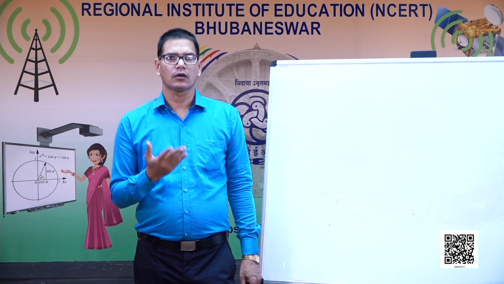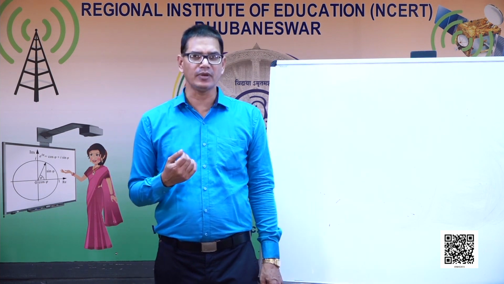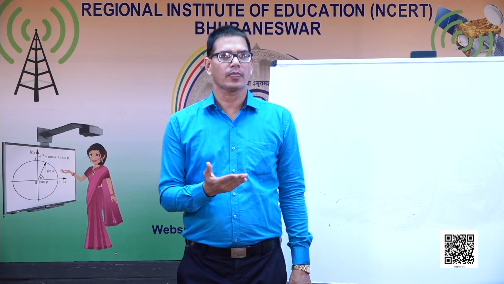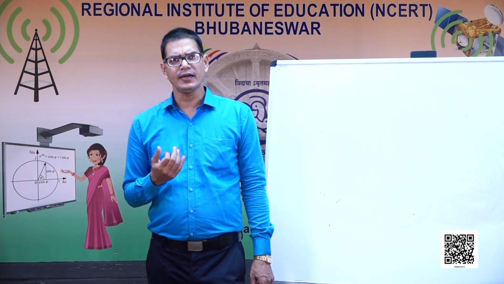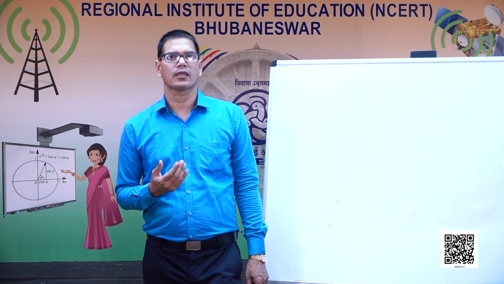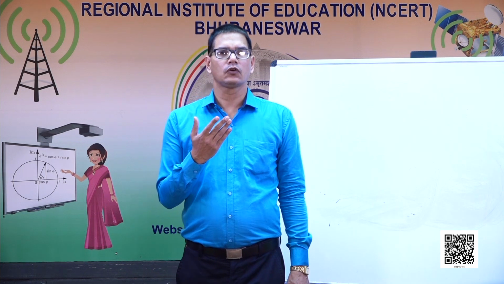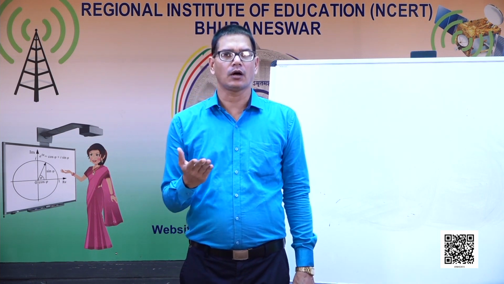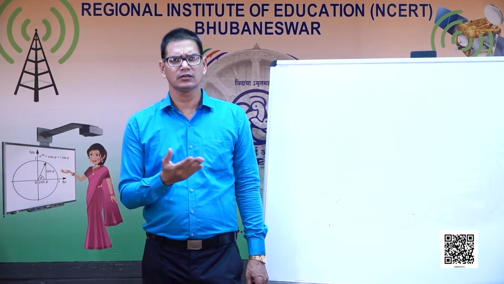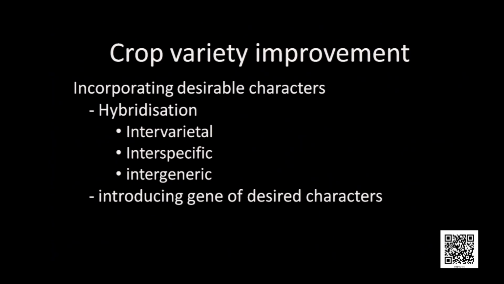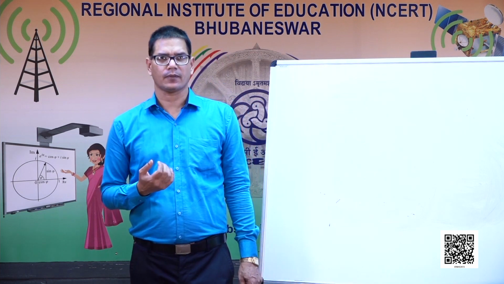This crossing may be intervarietal, that means crossing between different varieties of the same species, or it may be interspecific, that means crossing between two different species of the same genera, or it may be intergeneric, that means between two different genera. Or the crop variety can be improved by introducing genes of desired characters that we need.